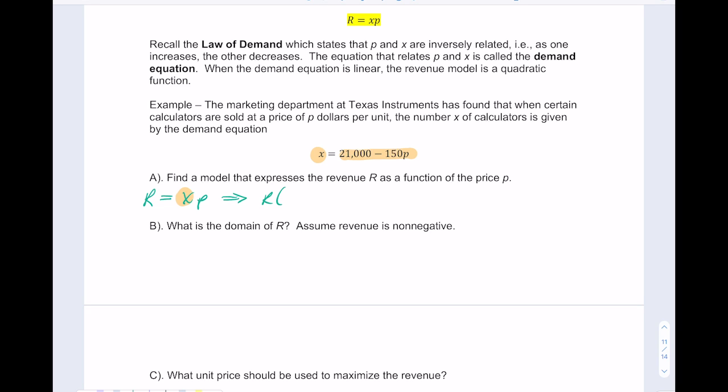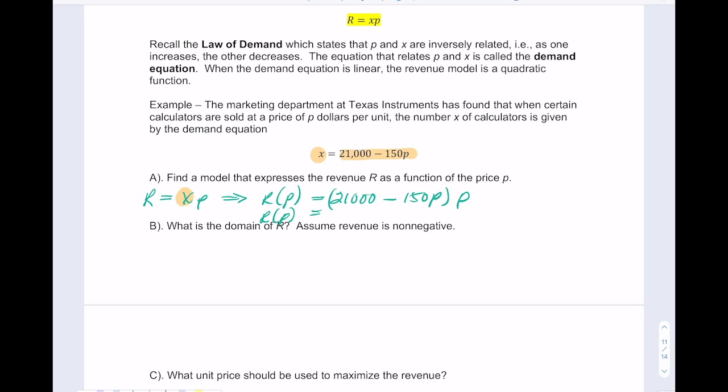So I'm going to have R of P. Normally we have like f of x or R of x, and that's because the variable in the expression is x. Well, here, the variable in the expression is going to be P, because we know R equals X, and X is 21,000 minus 150p, times P. So that expression represents the revenue as a function of the price P. And of course, we can distribute the P here.